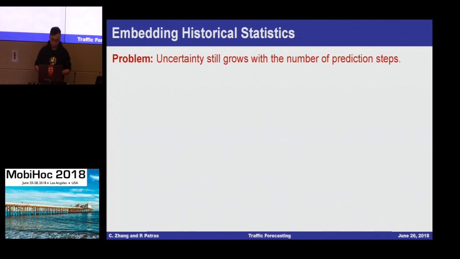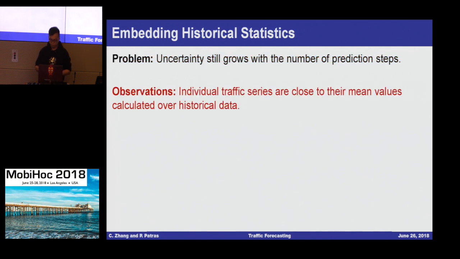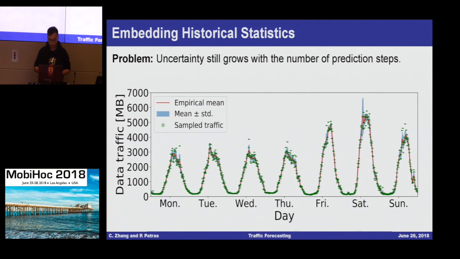But this will not essentially solve the problem because the uncertainty of the traffic still grows with the number of steps. But there's a really interesting observation, which is that the individual traffic series are really close to their mean values that are calculated over the historical data. So here I show you an example.